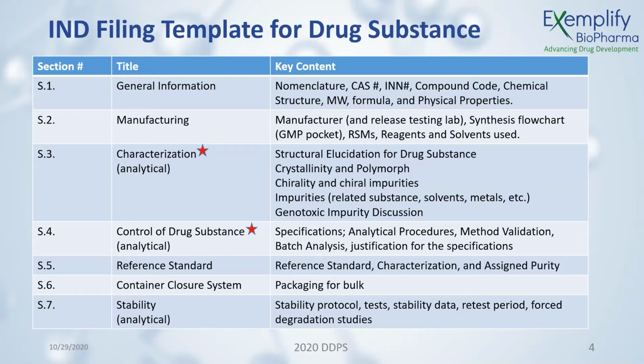The second part is about process impurities and the likely impurities present in the drug substance, like related substances, residual solvents, metallic or inorganic impurities, as well as genotoxic impurities. So again, it includes 2 parts: your main compound as well as process impurities.